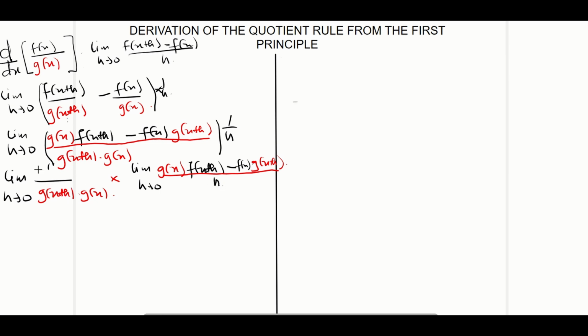But let's first focus on this point over here. Let's evaluate it where h is approaching 0. Everywhere we see h, we replace it with 0.